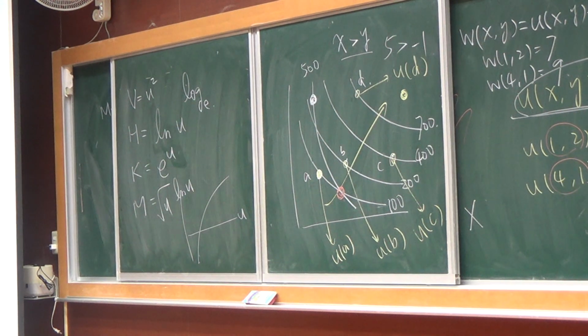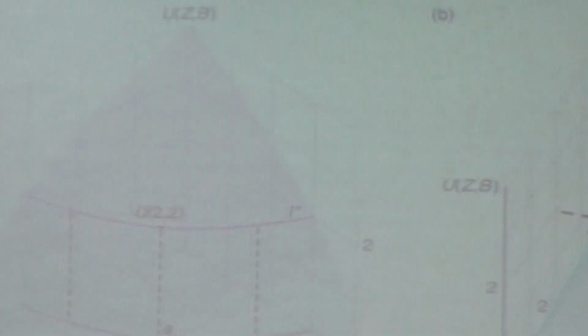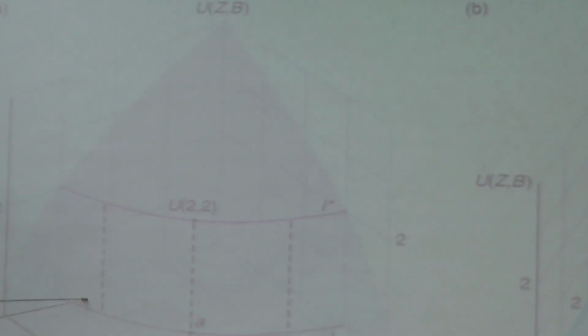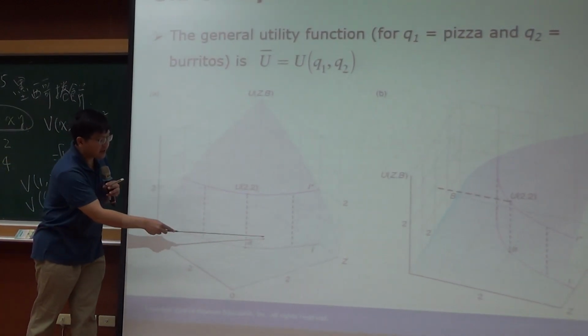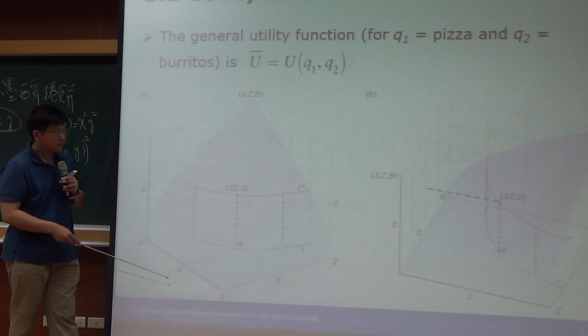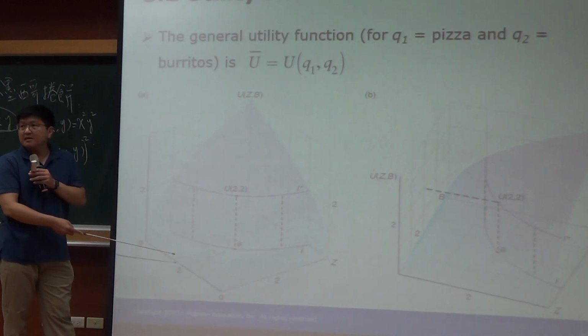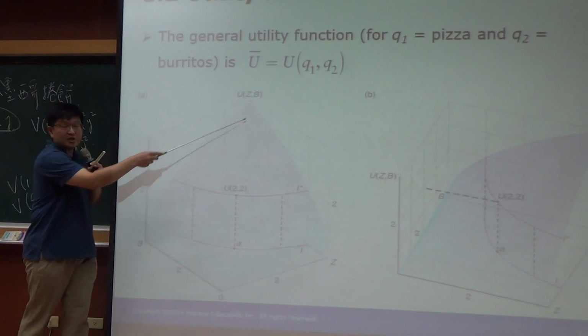So this is 0, no pizza, no burrito. So 0 gives us, for example, the level of utility 0. And you may see different points on the pizza burrito plane may give us various values of satisfaction. Okay?